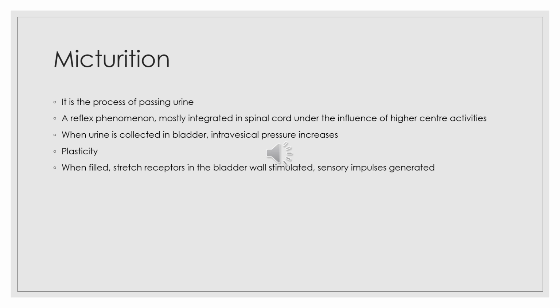And this is because of the property of the smooth muscle in the bladder wall called plasticity. Plasticity of a muscle is the ability of that muscle to alter its structural and functional properties according to the environmental conditions. So initially, when the urine collected in the bladder is about 50 ml, there will be an initial rise in the intravesical pressure, and that pressure remains almost the same until the bladder gets filled with urine.